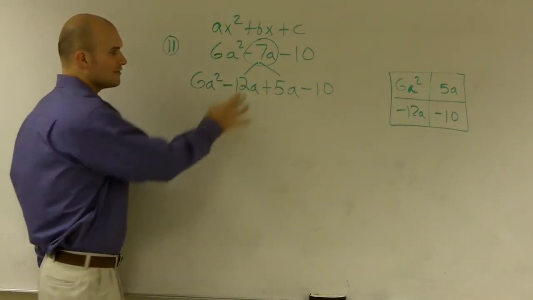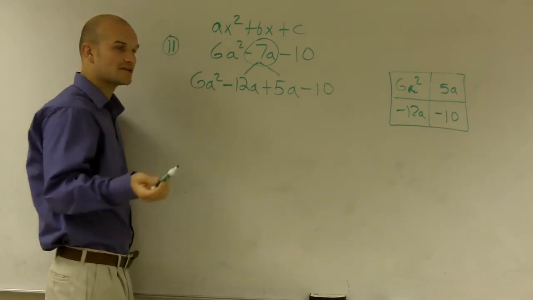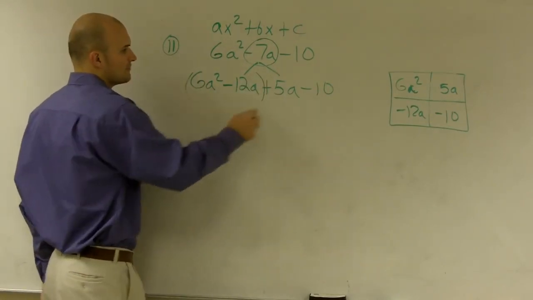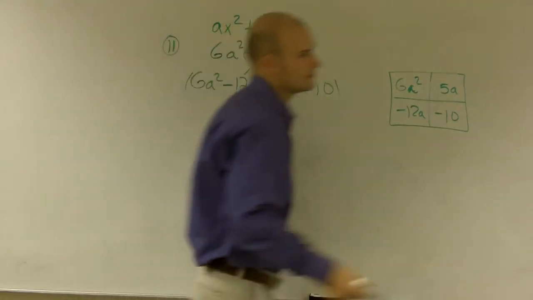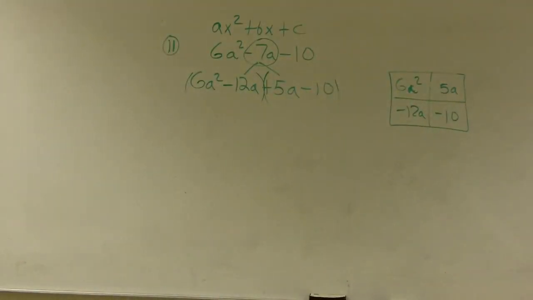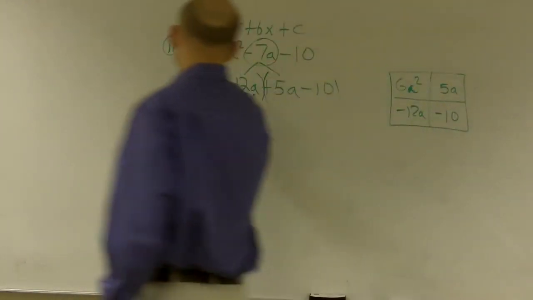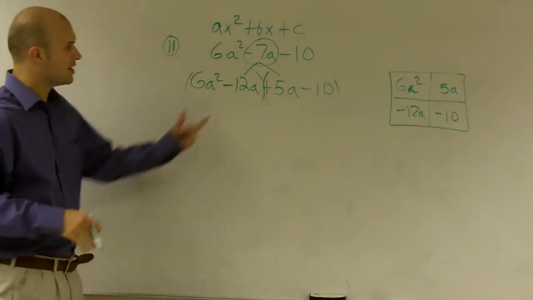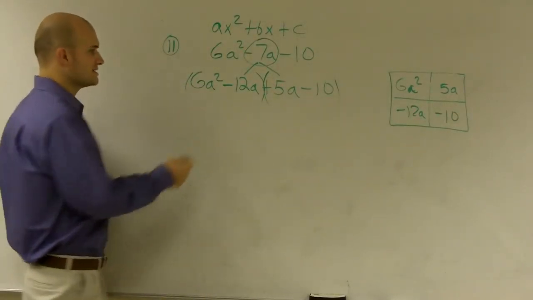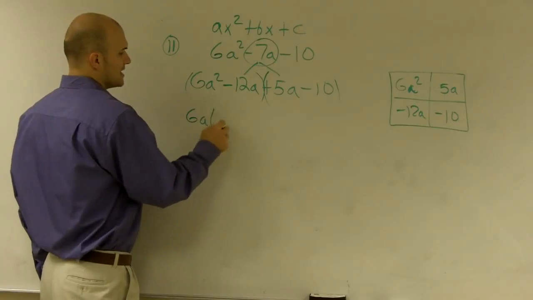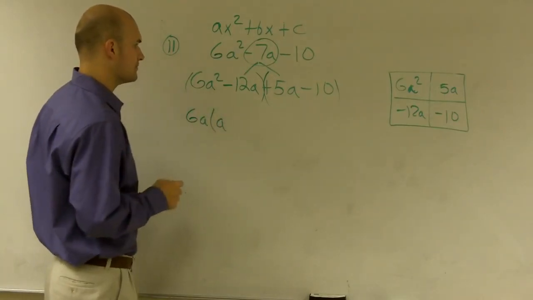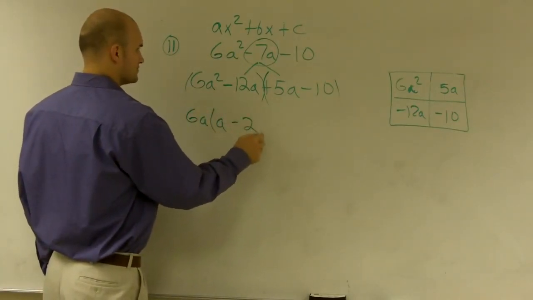The reason I'm doing this is factor by grouping, right? Group the first two terms, then ask what can I take out of here? You could factor out a 6a, and you're left with a minus 2.